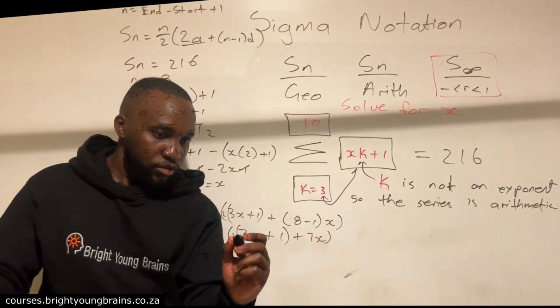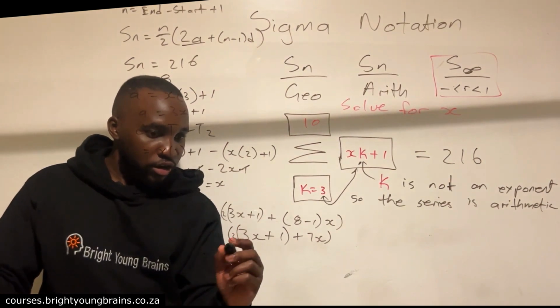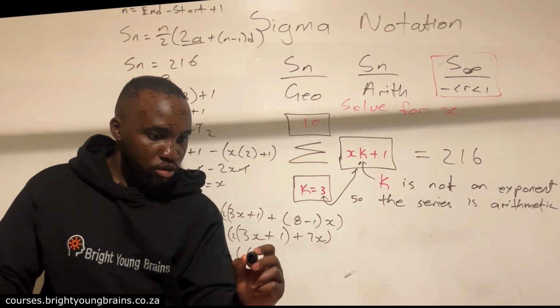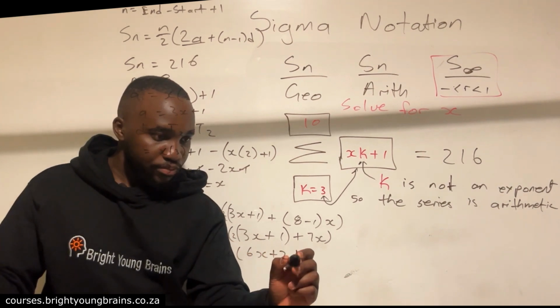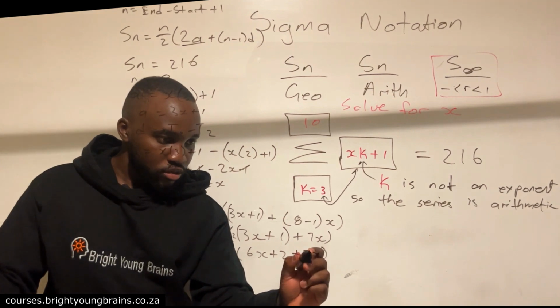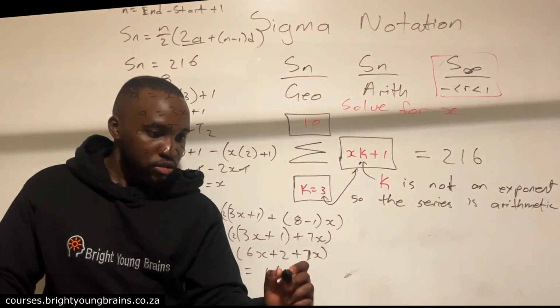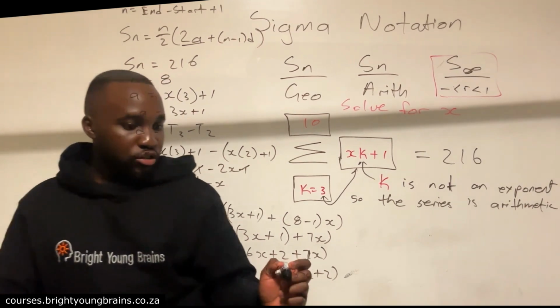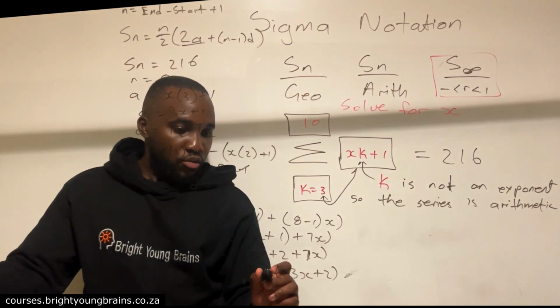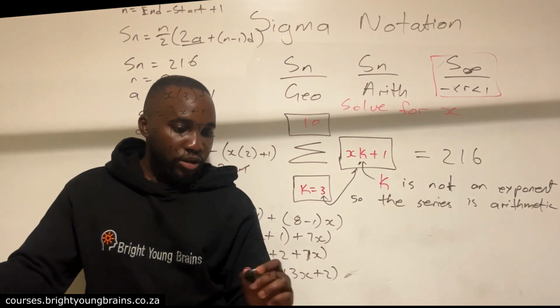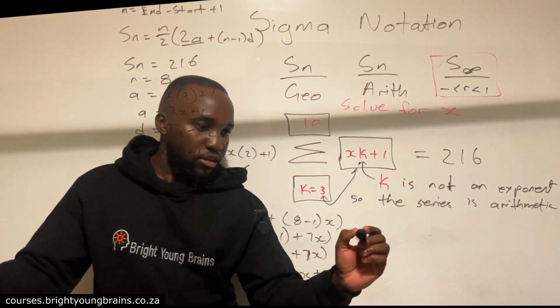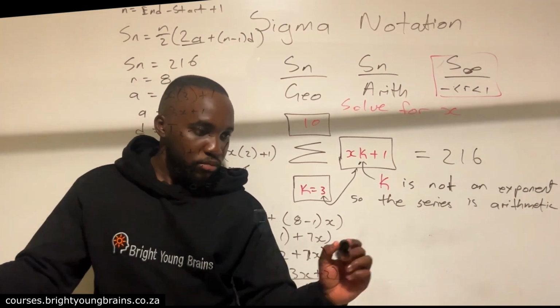So here, if you multiply the 2 inside, you're going to have 6x plus 2 plus 7x. And then 6 plus 7 is 13. And then solving for x here, firstly, I think we can multiply the 4 inside, or we can divide by 4. I say let's maybe divide by 4.